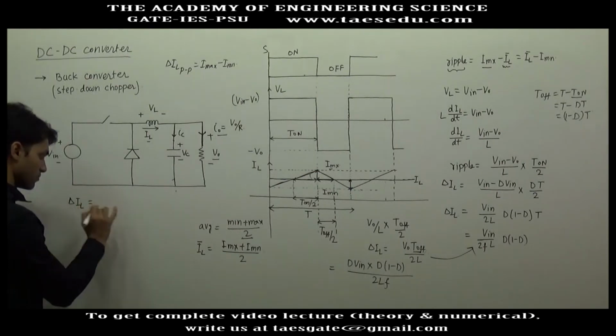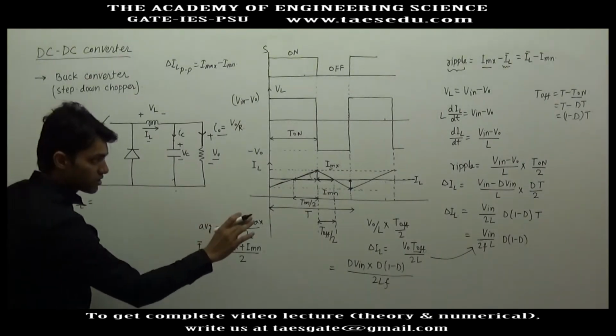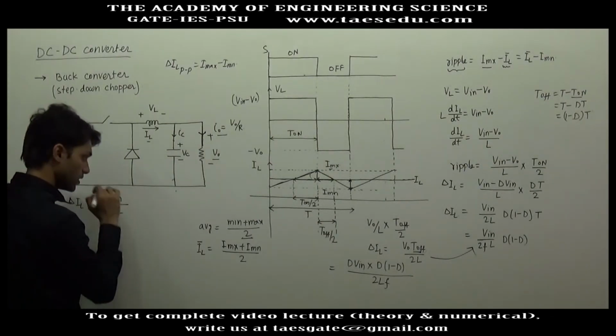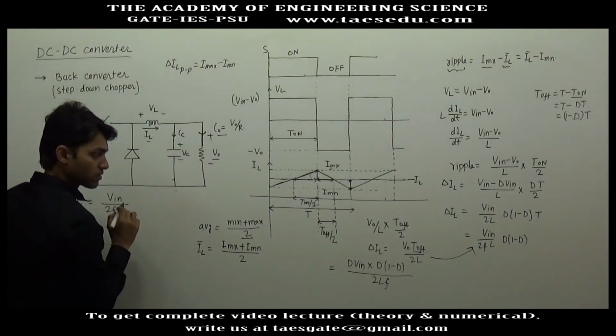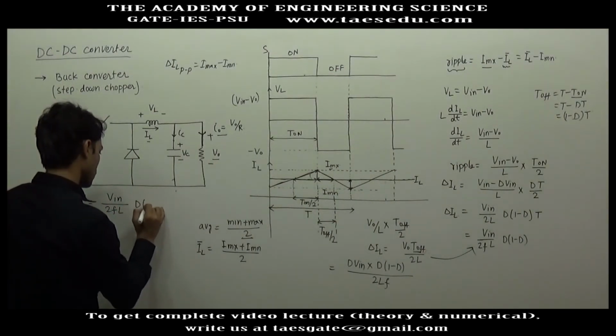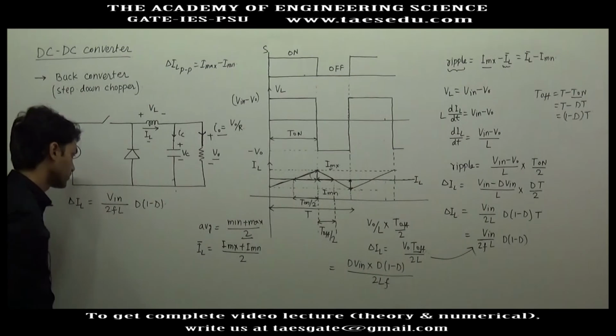Here I am calculating ripple. Ripple is V input divided by 2FL into D into 1 minus D.